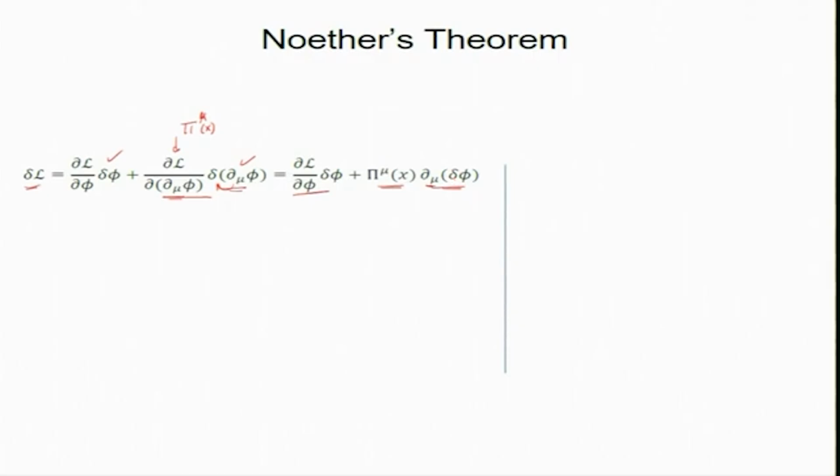So, change in the derivative of delta phi. Now this term is a derivative of the second function, it is of that form. So, now we are going to use the product rule. So, this part is rewritten as derivative of both f g minus derivative of the first function times g, that is, del_mu (f g) minus g del_mu f.